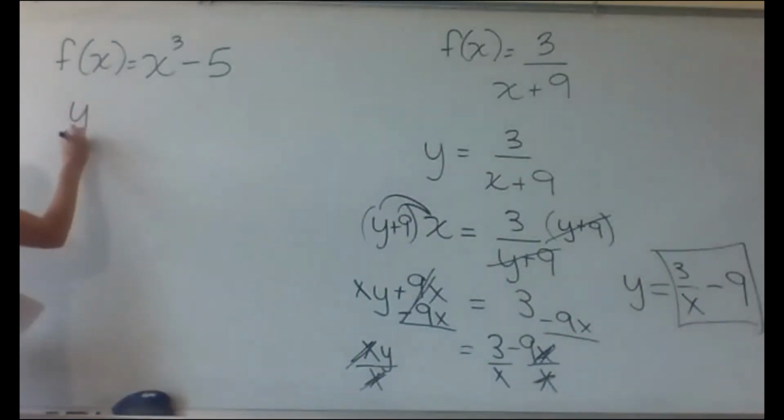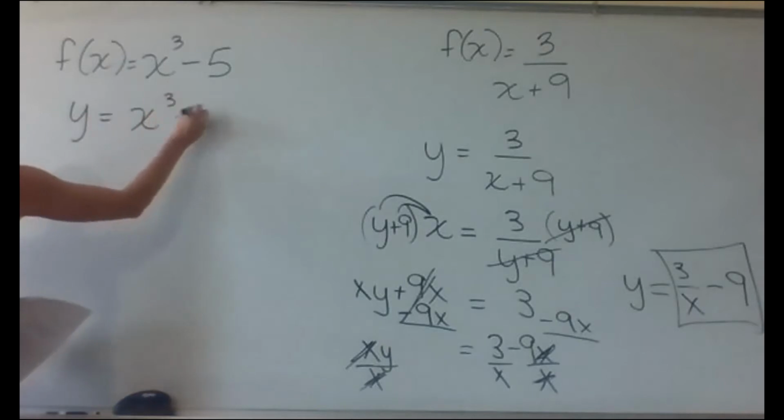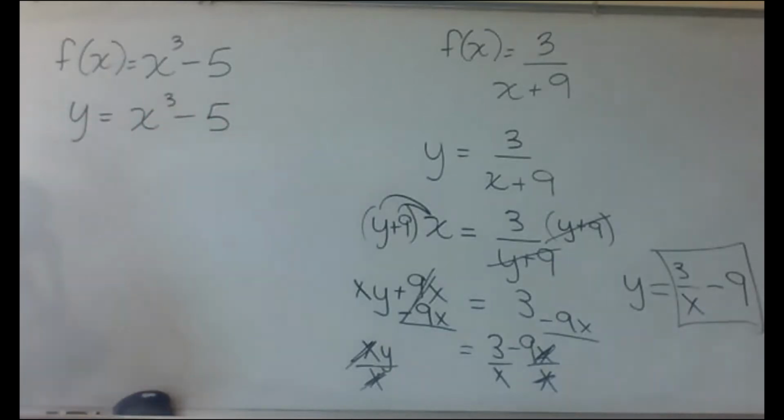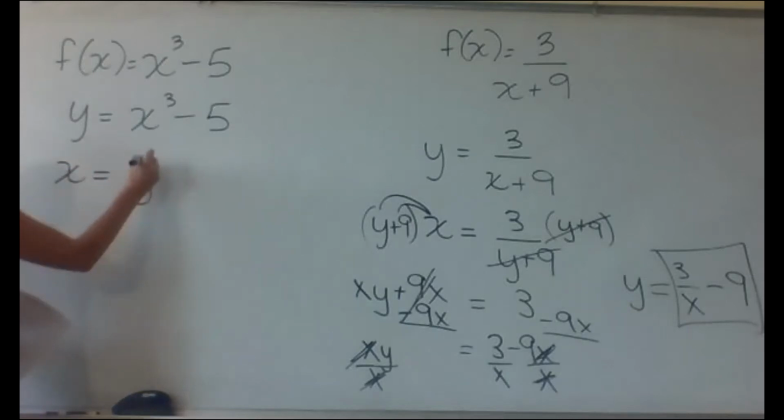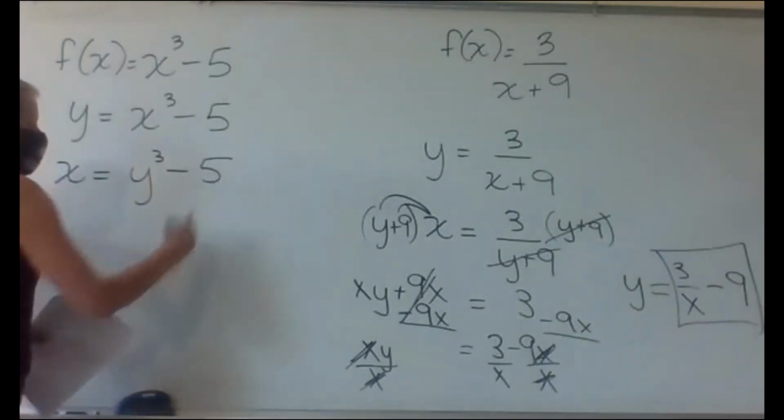Replace f(x) with y. So y equals x cubed minus 5. So now interchange x and y. So x equals y cubed minus 5.